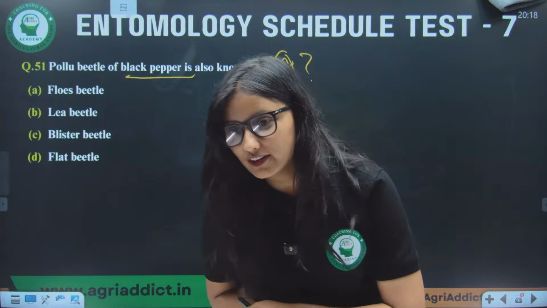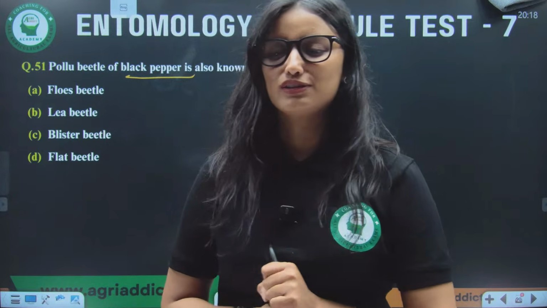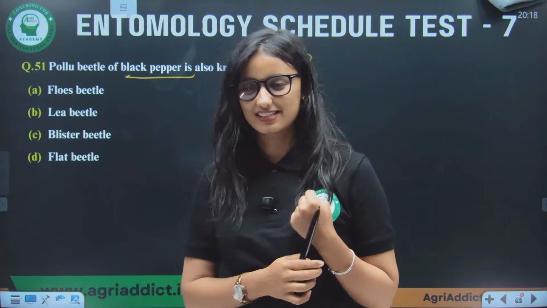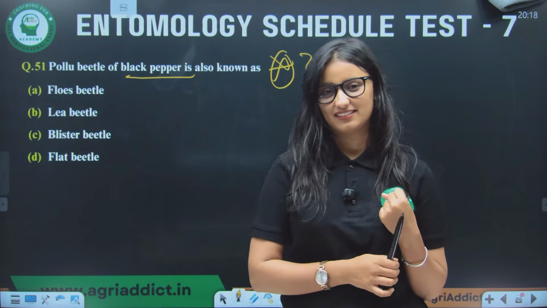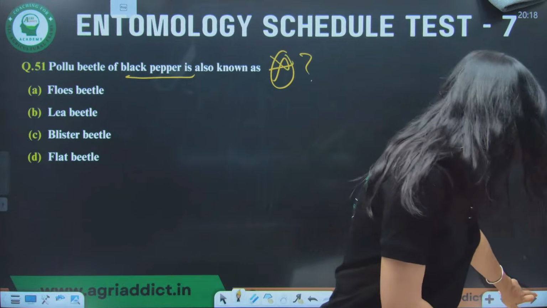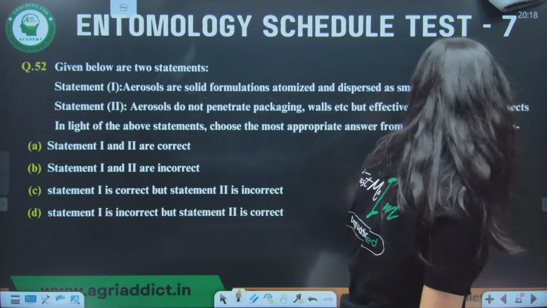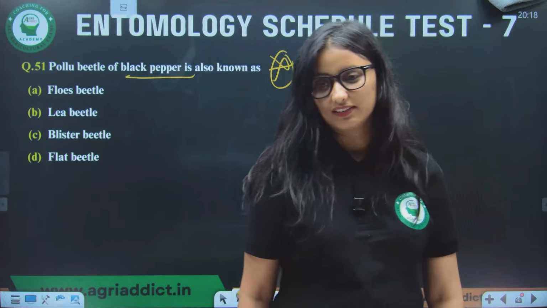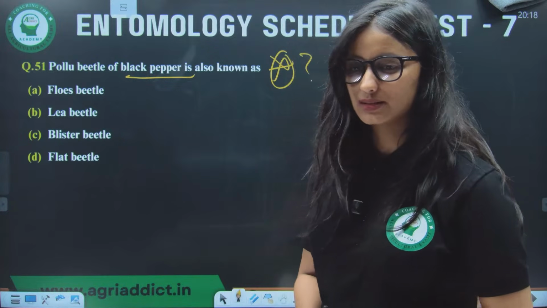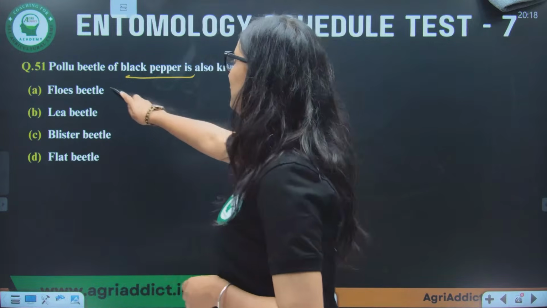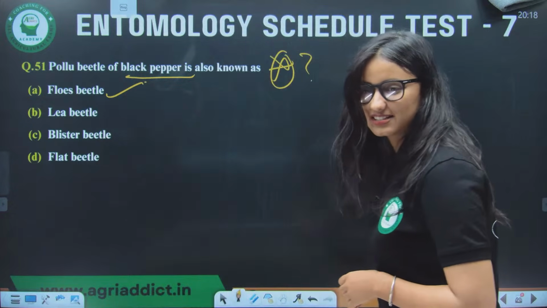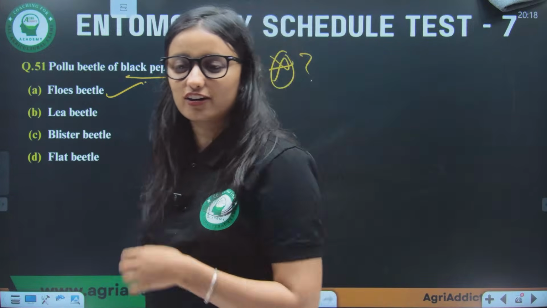No, you are not answering. Where is Arun Kumar? Answer this one. What is the answer? What is the polu beetle we call? Flea beetle. Hey, very good. Flea beetle is the correct answer. Okay, VKK, I got your answer.